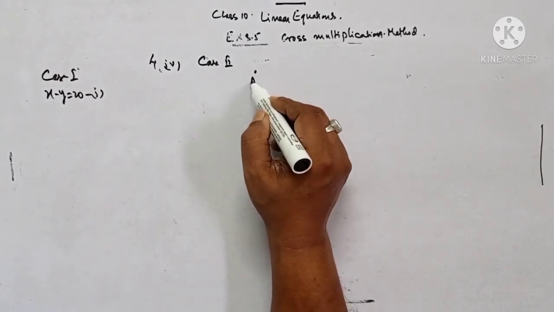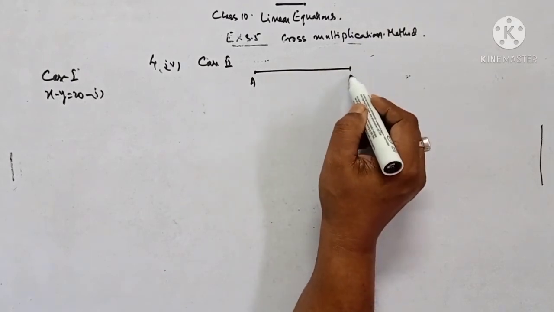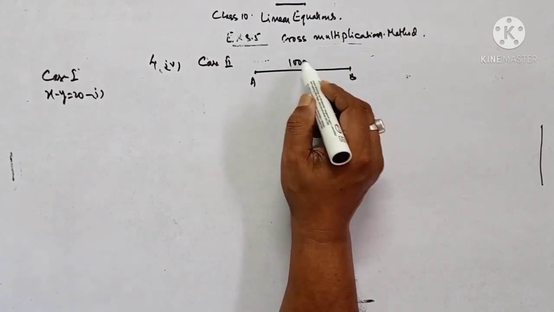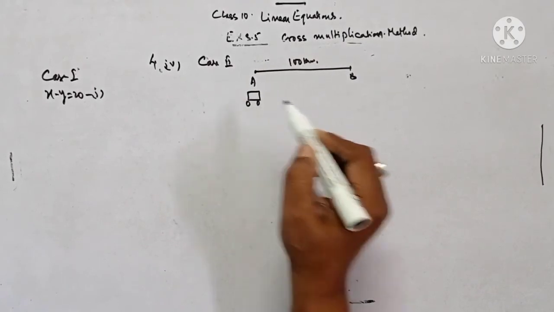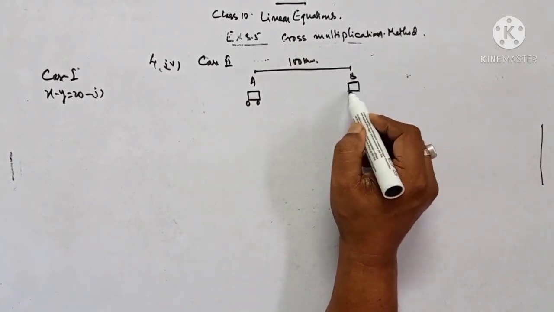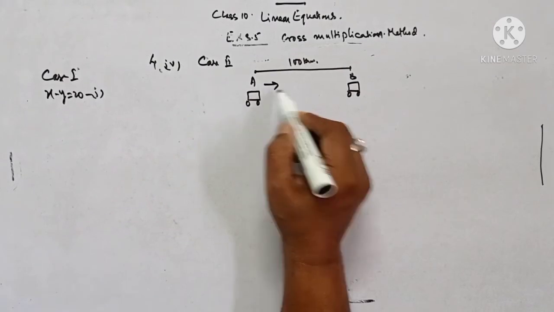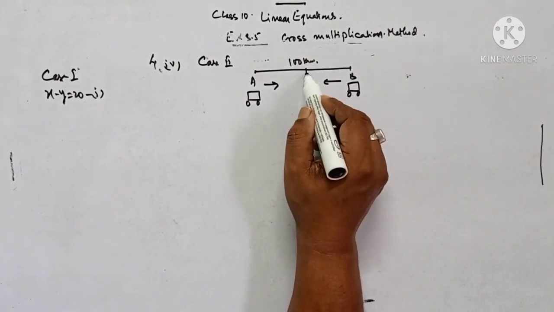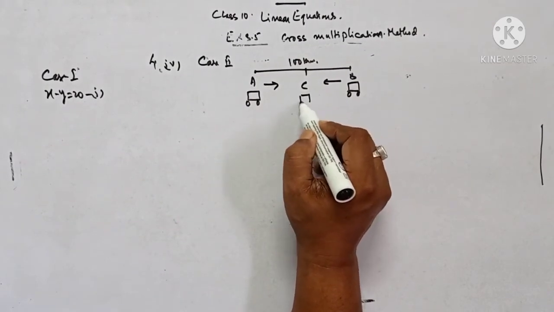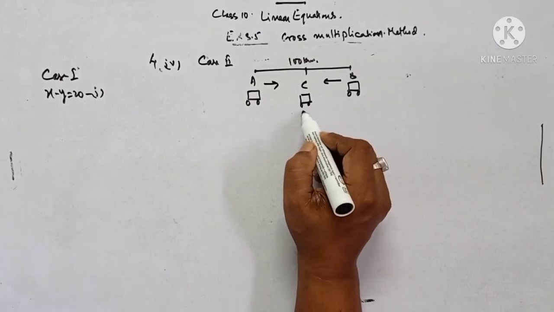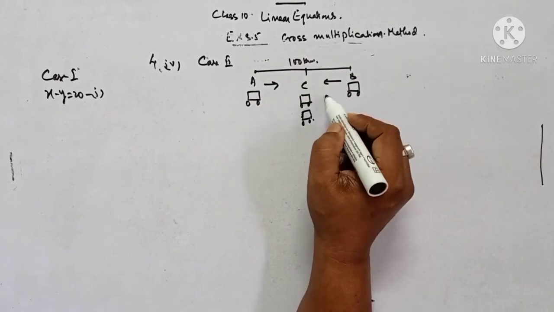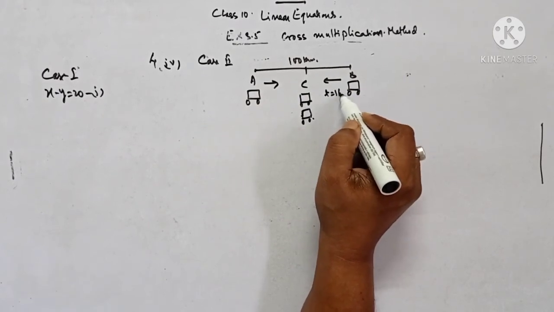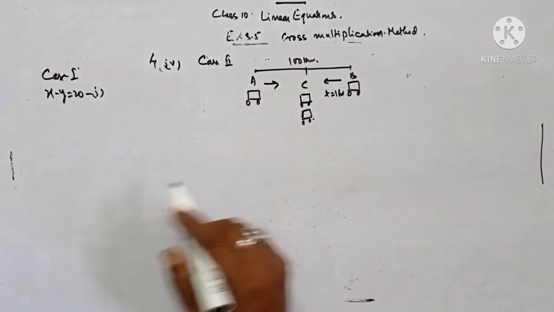This is A and this is B. This is 100 kilometers. One car is at A, one car is at B, but they are moving in opposite directions. So let them meet here at C. At C, these two cars meet, and the time taken is 1 hour.